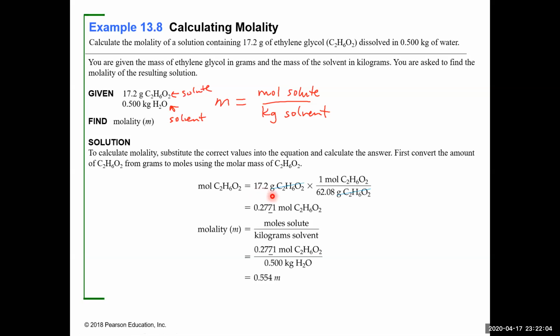So 17.2 grams of ethylene glycol multiplied by its molar mass gives us 0.2771 moles of our ethylene glycol. And we already have kilograms of H2O. So we'll plug in the 0.2771 moles of ethylene glycol over 0.500 kilograms of water, and we end up with 0.554 molal, or molality.